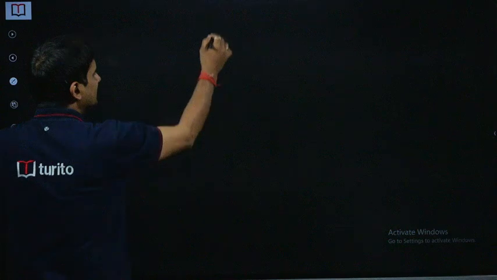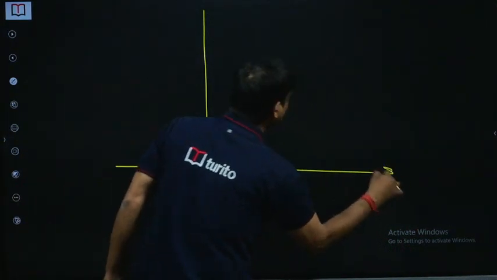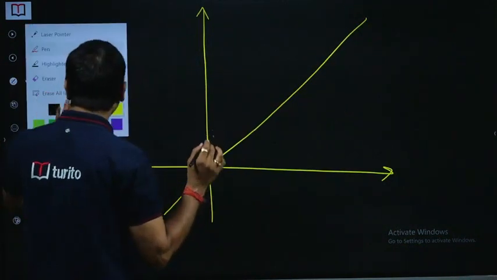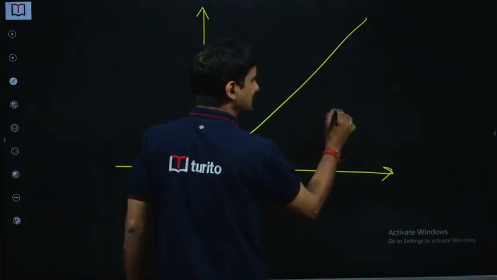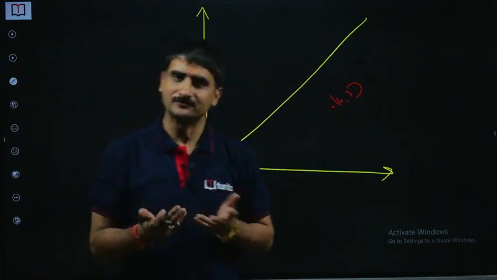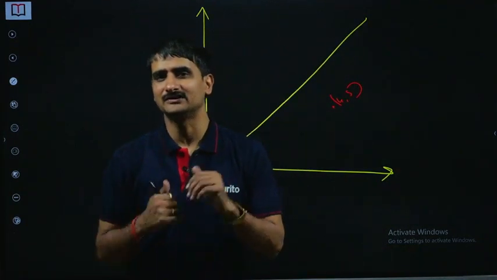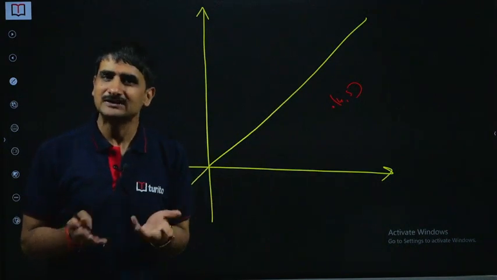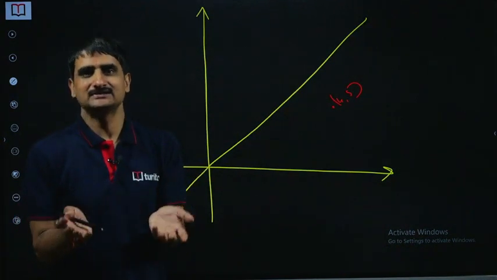Now, if you reflect it on the line y is equal to x, let's say that's the point (4, 5). Of course it will remain a circle. The image of a circle in the mirror has to be a circle, and moreover the size of the circle will also remain the same. Is the size going to change?